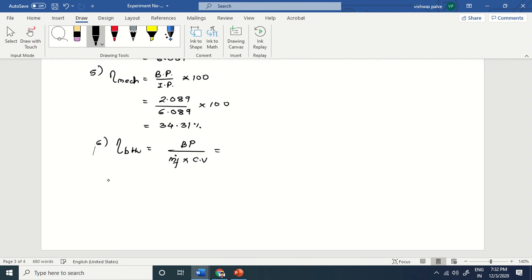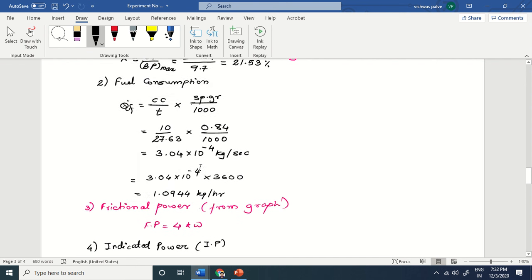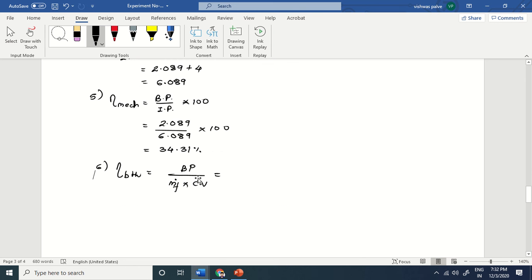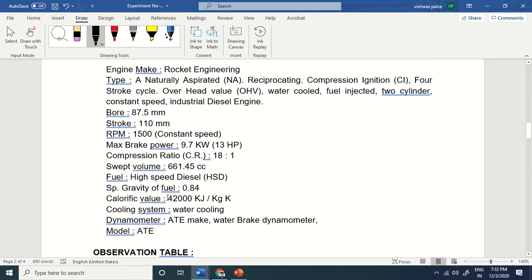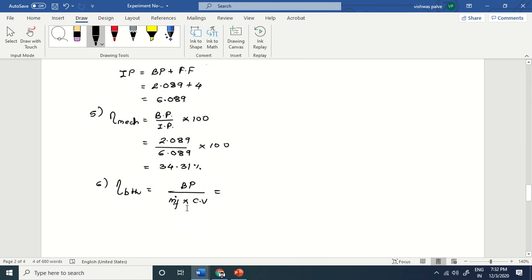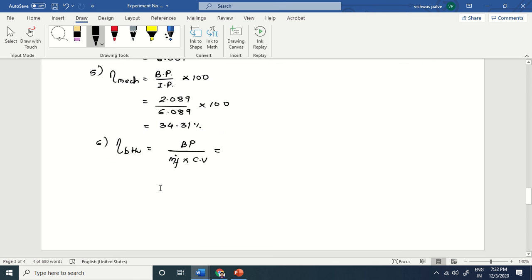What is CV? CV is the calorific value of the fuel. From where are you going to get the value? The brake fuel consumption is m dot f, or we can say q dot f. And CV, the calorific value of the fuel, is given as 4200 kilojoule per kg Kelvin. From the engine specification you can get that value.